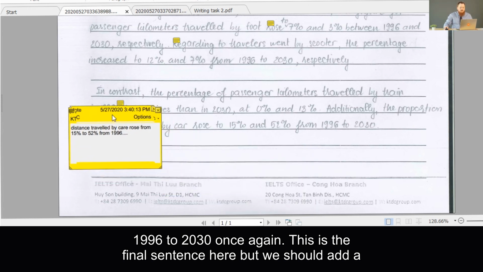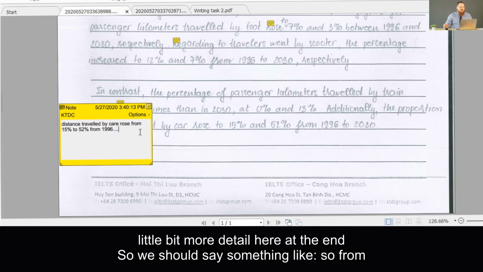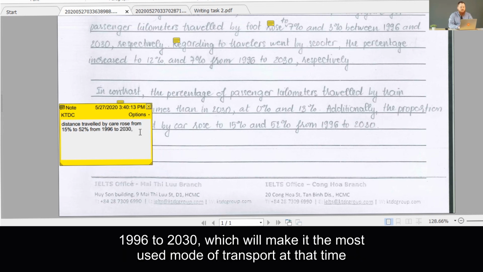This is the final sentence here, but we should add a little bit more detail here at the end. So we should say something like, "from 1996 to 2030, which will make it the most used mode of transport at that time."